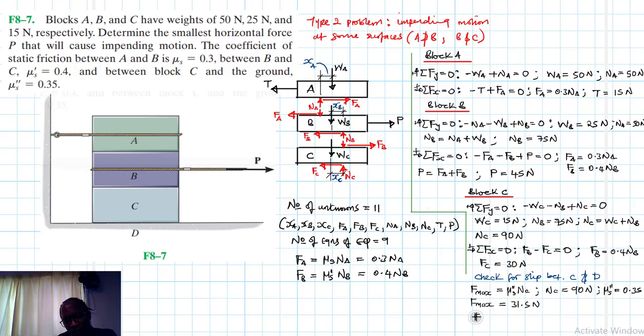Alright, so we have FC, which is equal to 30 newtons, and this is less than F max, which is equal to 31.5 newtons. Therefore, no slip between C and D.